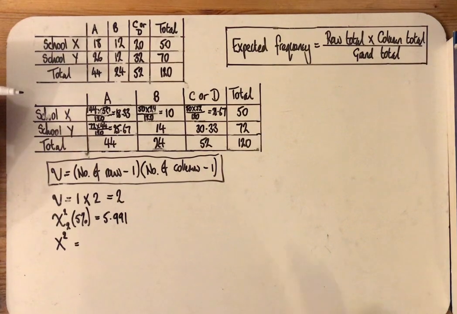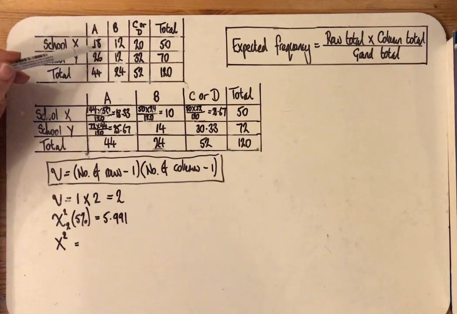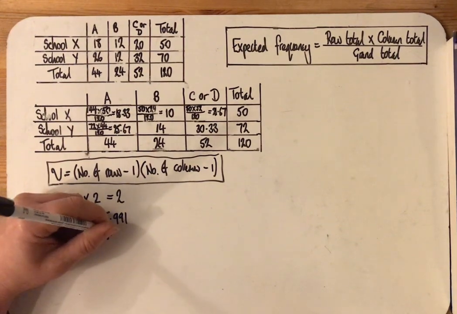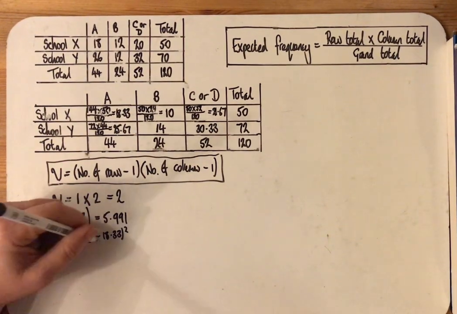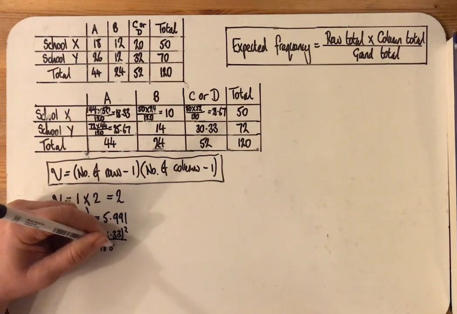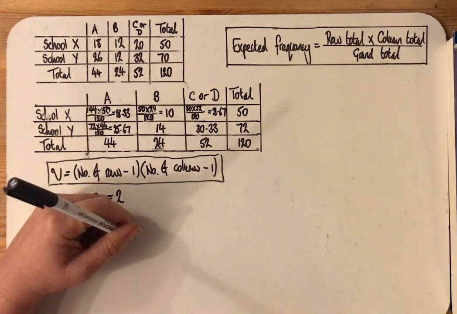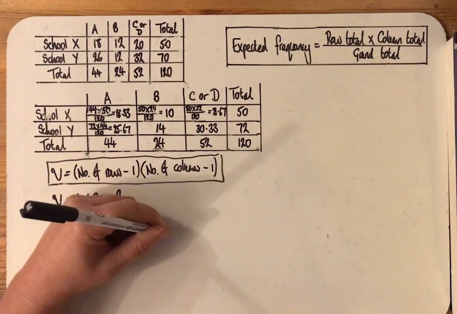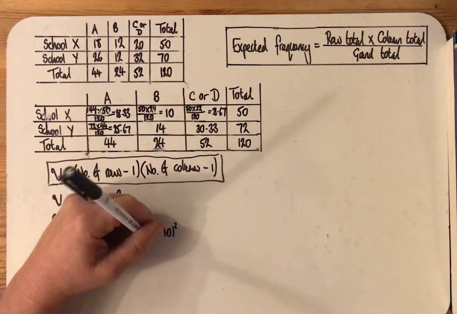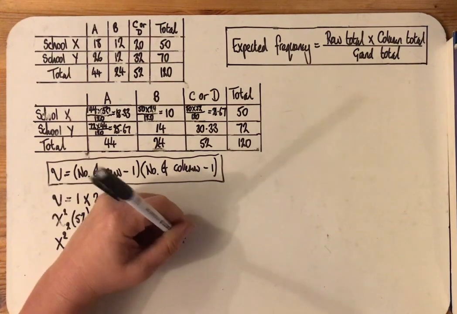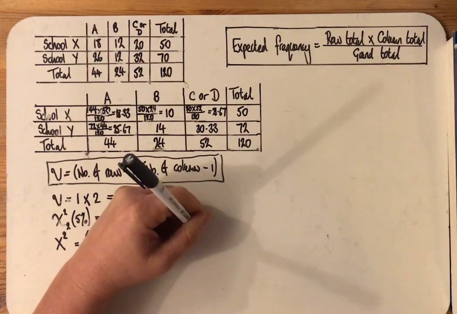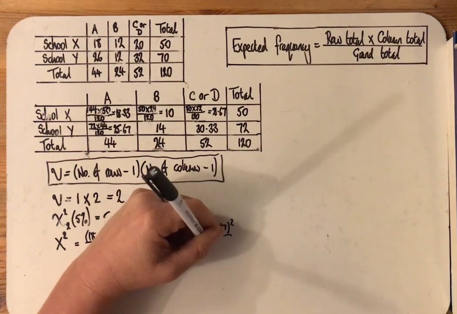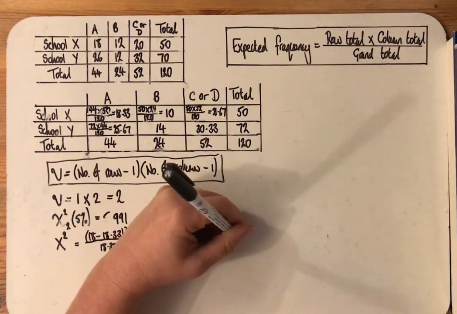So it's observed minus expected, squared, divided by the expected, and you just have to be careful not to make any errors. So observed minus expected squared over expected. There's a lot of number crunching again.